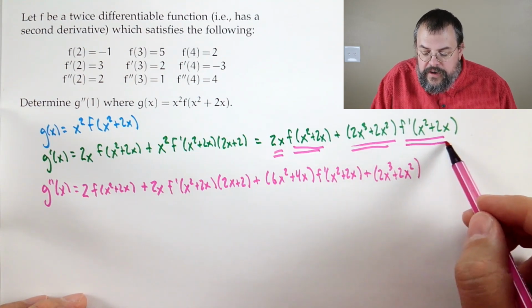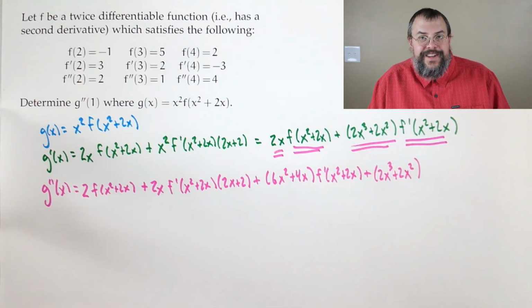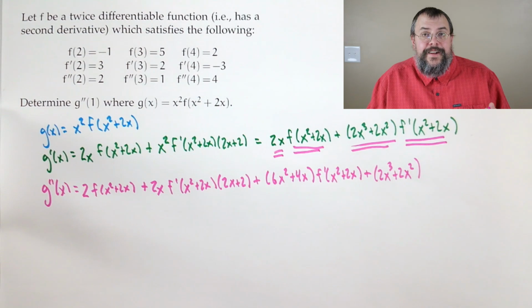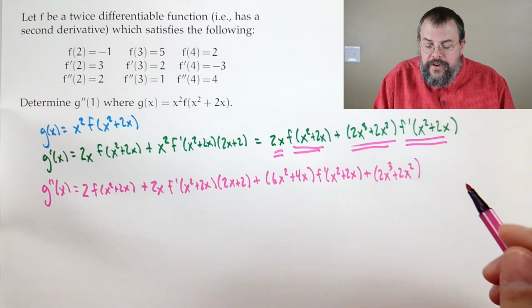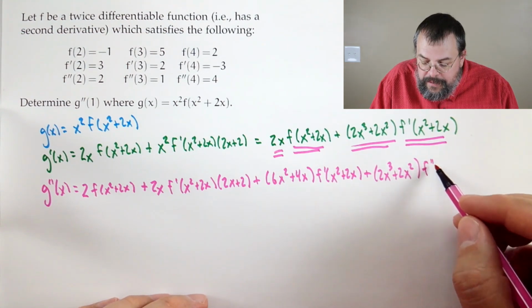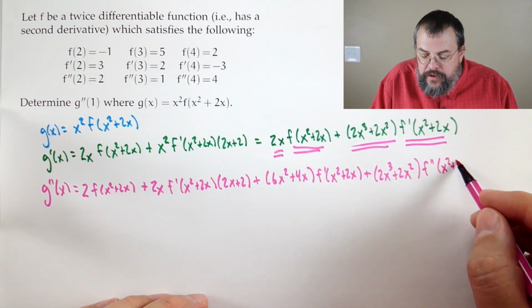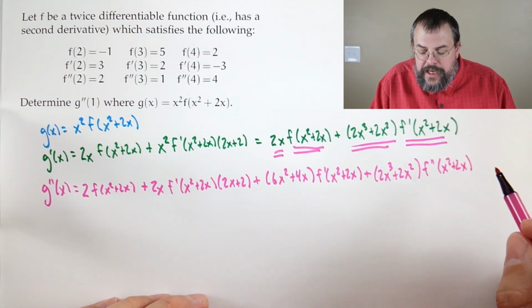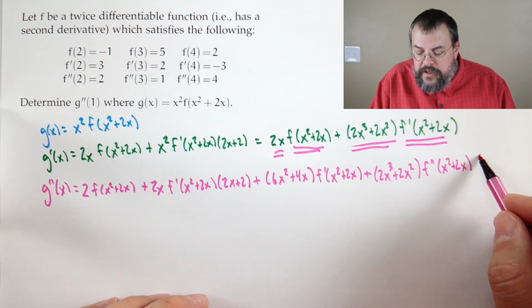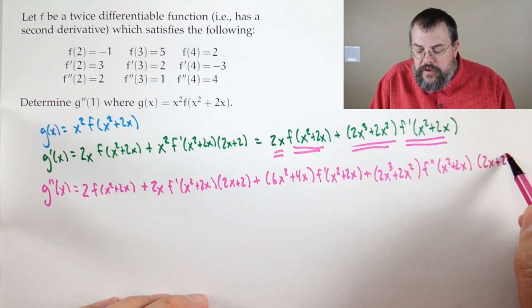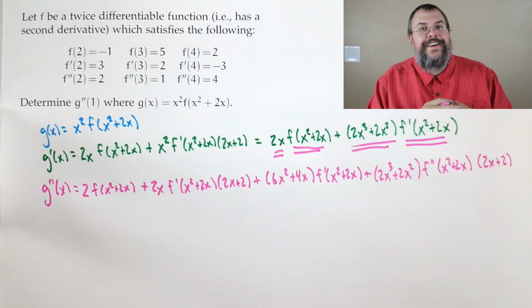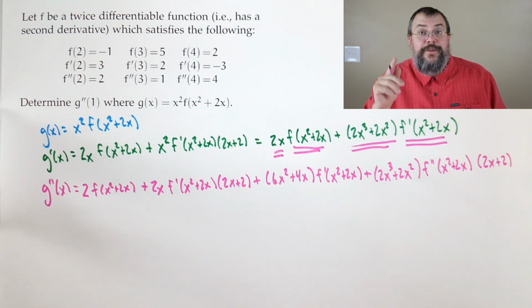Okay, so what's the derivative of f prime? Well, the derivative of f prime is the derivative of the derivative, or the second derivative. So f double prime of x squared plus 2x, and not to forget, times the derivative of the inside, which is 2x plus 2. All right, done with derivatives.